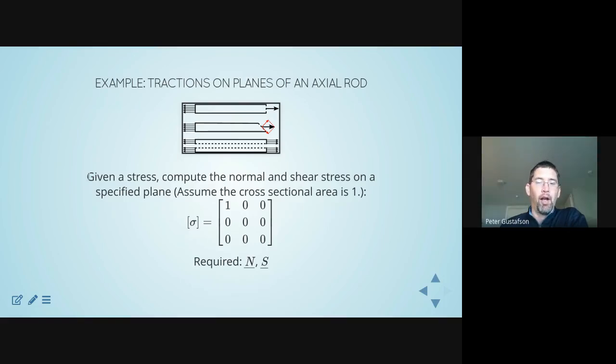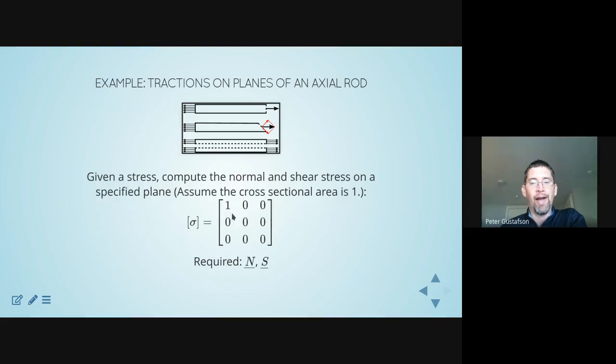So here's an example. Given a stress that I define for you, compute the normal and shear stress on some specified planes. We're going to use this example that I showed you previously. I felt that was a fairly intuitive description of the resultant force on an internal surface that we've exposed by taking an imaginary cut.